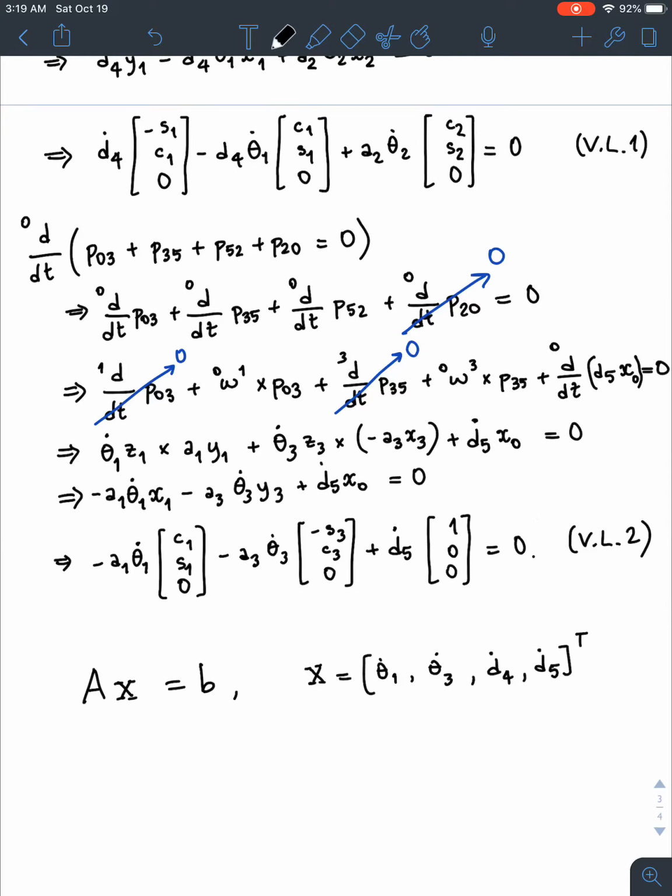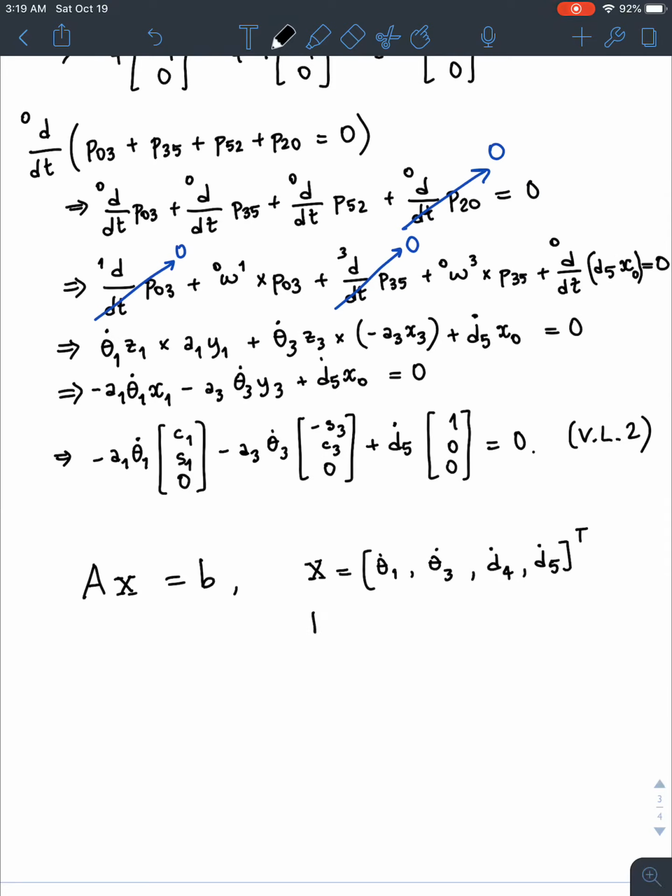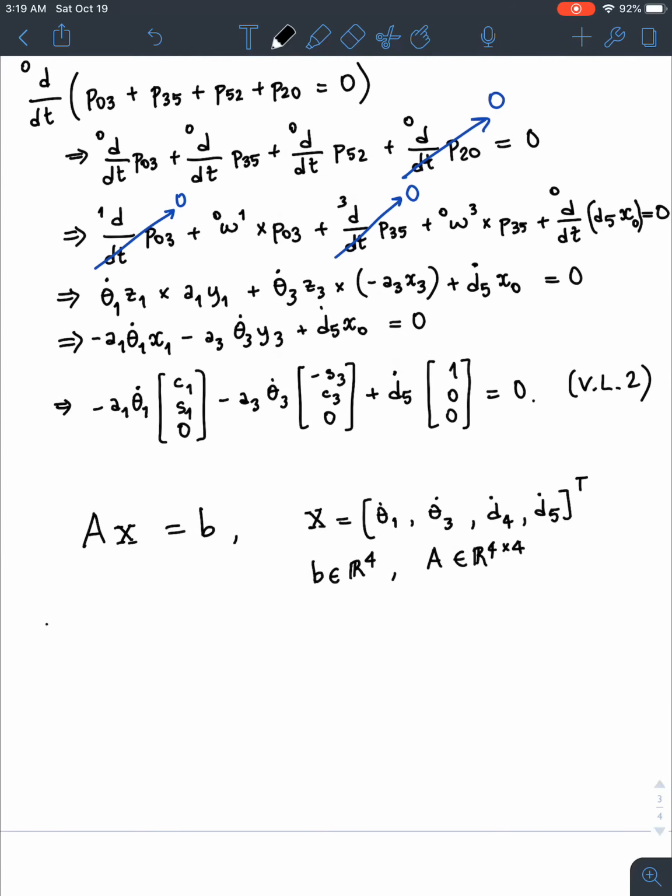So the vector b contains 4 elements, a 4 by 1 vector as well. We write that by saying b is an element of R4. So A is a matrix that takes a 4 by 1 vector and gives me another 4 by 1 vector, which means that A must be a 4 by 4 matrix.